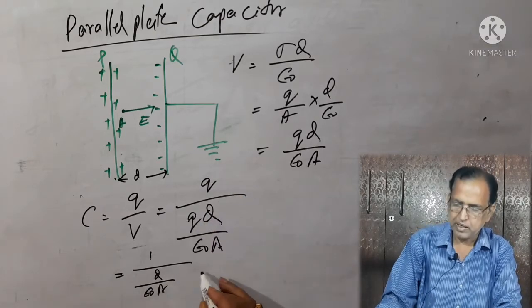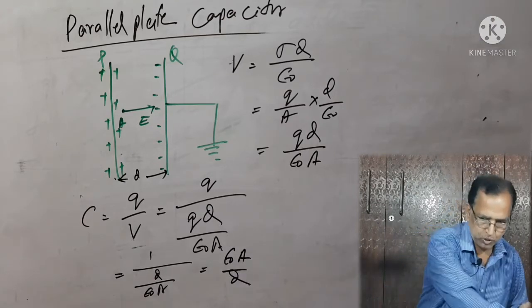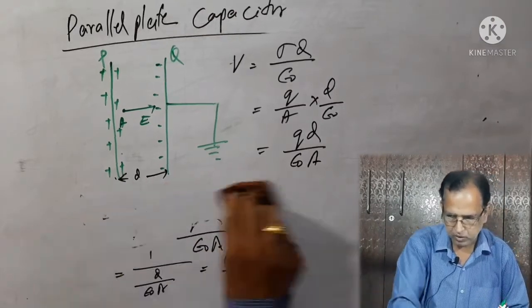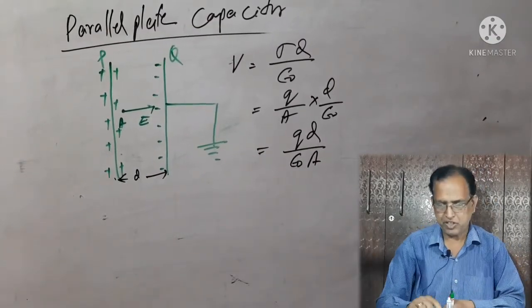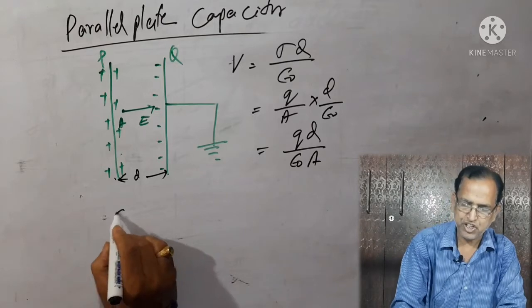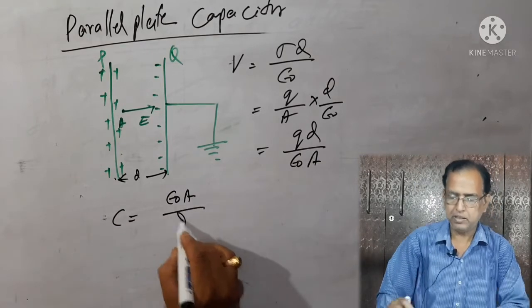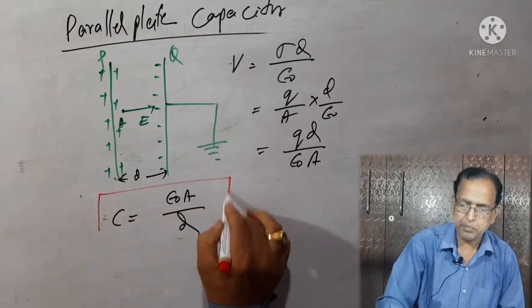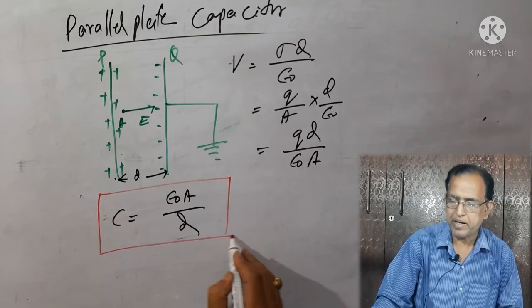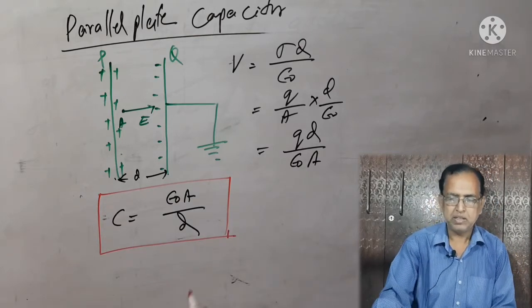So what is the capacity? Epsilon 0 A by d. So the capacity of the parallel plate capacitor, C, is equal to epsilon 0 A by d.